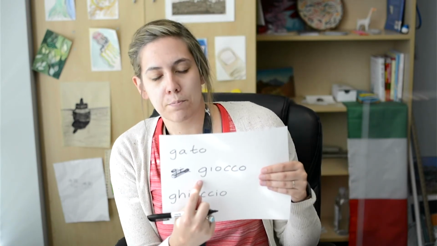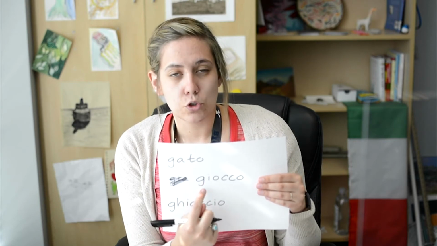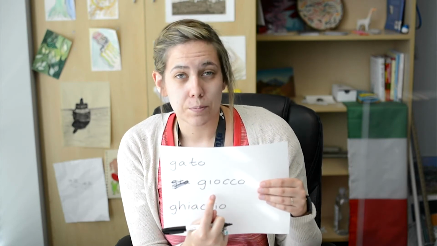I can't think of an example word right at this moment that does the GI. Oh, here's a good example word. Here's an example with GI where there's not an H and it makes the J sound. This word is gioco, which means joke in Italian.